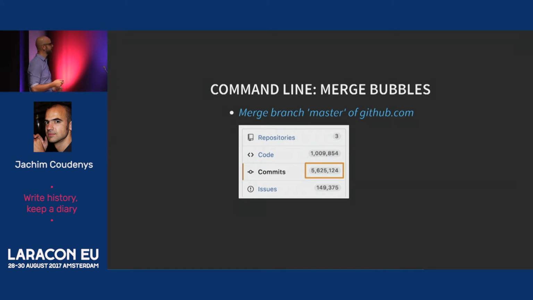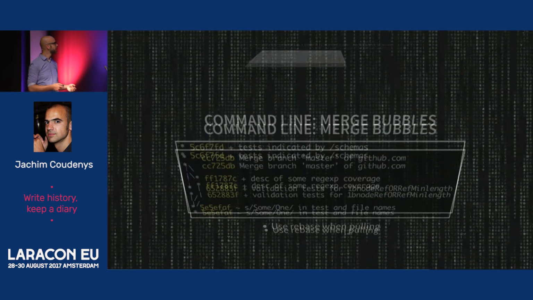Merge bubbles are if you use git pull and you don't use rebase to pull your changes in, it will create a merge commit from the remote server, and it will just create little bubbles in your graph. So if you search for merge branch master on GitHub, you get like 5 million commits that are just useless.